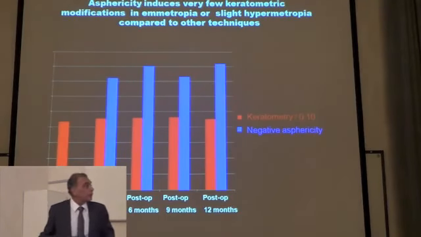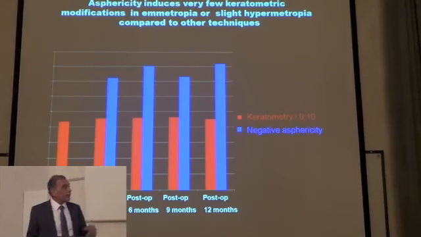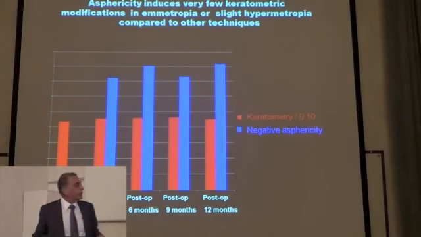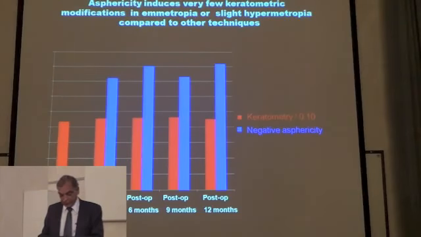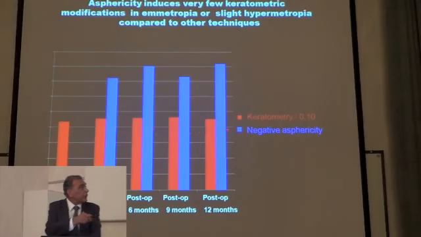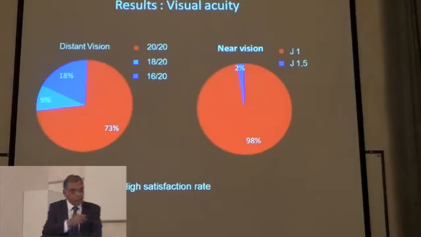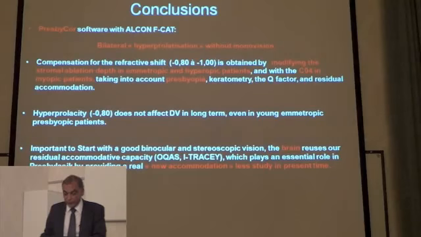I was emmetropic 7 years ago, and I'm emmetropic with a little hyperopia now, but with a good distance and a good near vision. And as you can see, we have very few modifications of keratometry. We have good results in visual acuity, near vision or distant vision, because of asphericity.